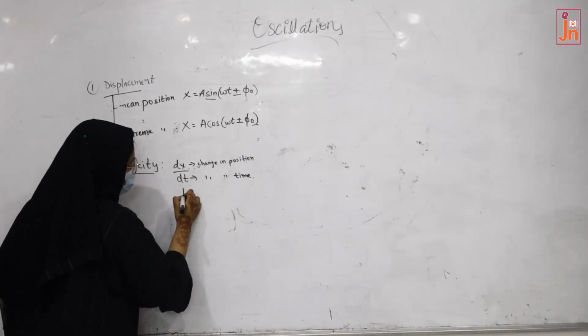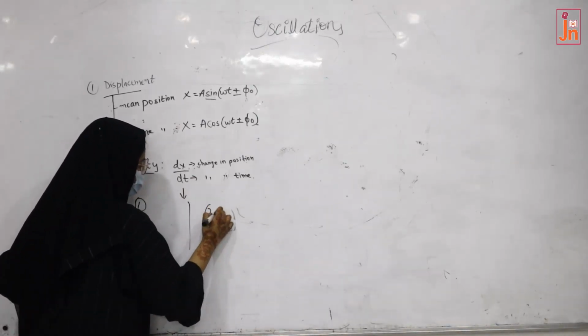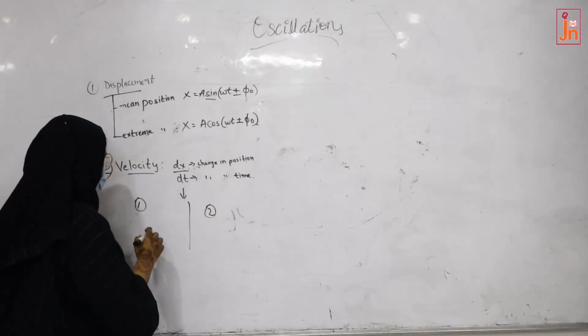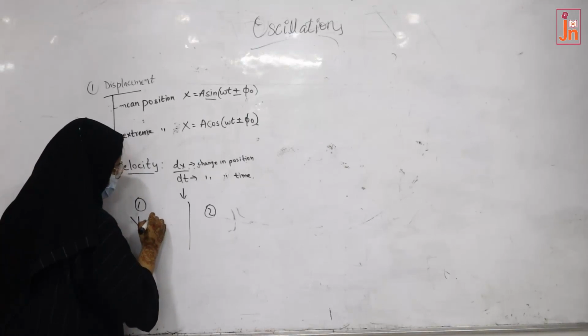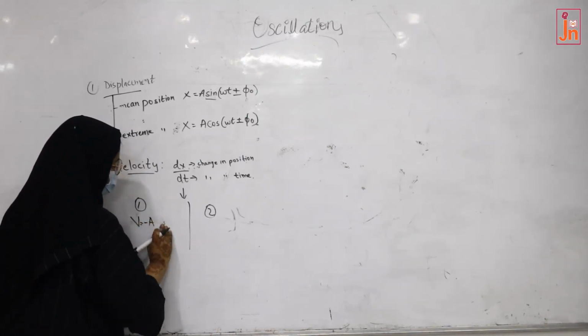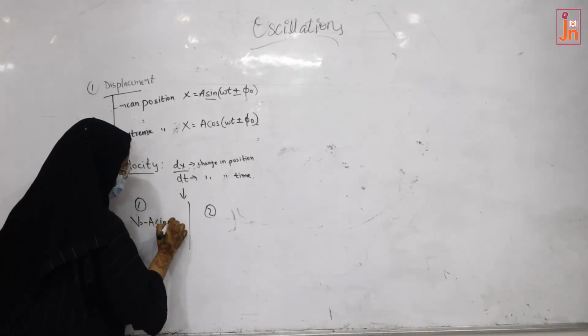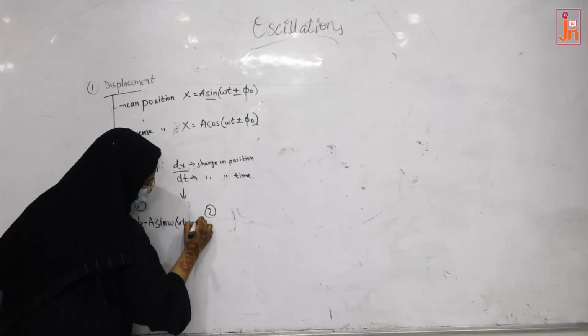On simplifying this formula, we get two separate formulas. The very first one is v is equal to minus a cos, or minus a sin(omega t plus phi naught).